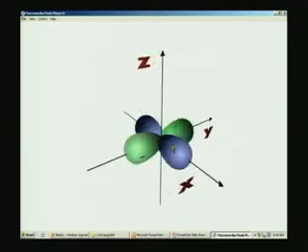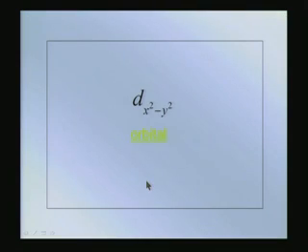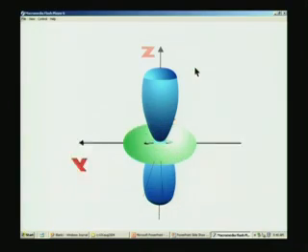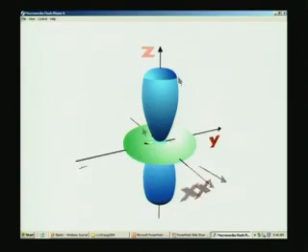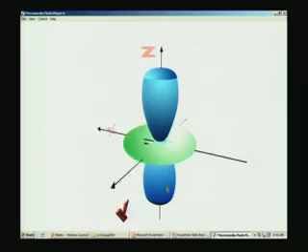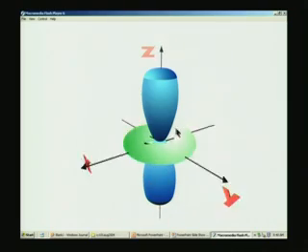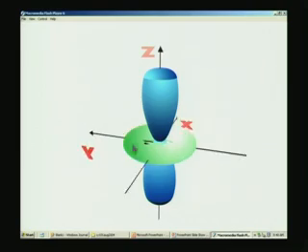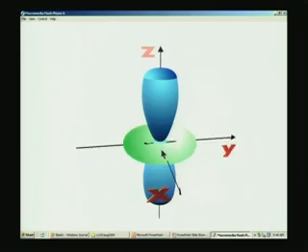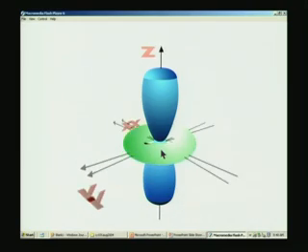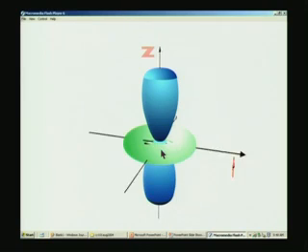The last one, the fifth one, is the d3z square minus r square orbital, which looks like having a pair of lobes pointing along the z and the minus z and a ring surrounding. This ring is obviously symmetric in the xy plane, so you see that there is something which appears somewhat different from the other four.